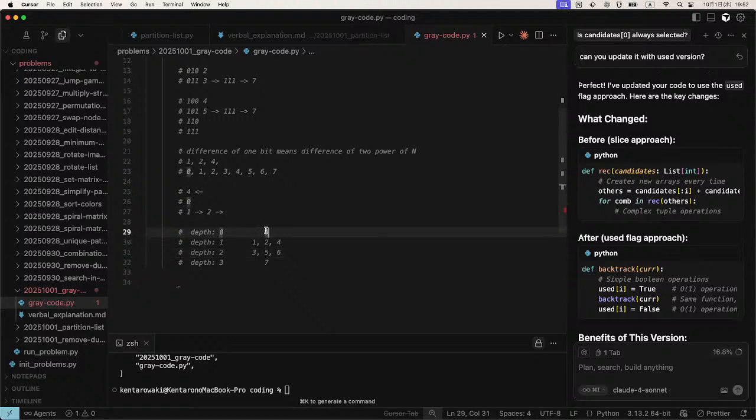So we can choose any of the numbers in the next depth, which is 2, for example.